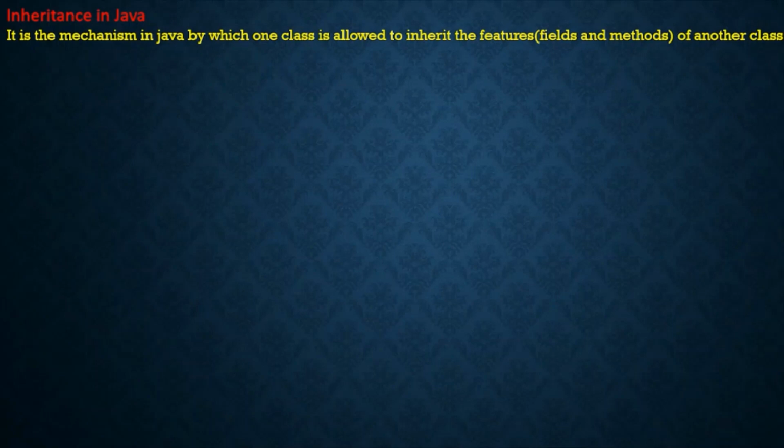So this inheritance we can achieve by using the keyword extends or implements, right? In case of classes, how can we do it? We can extend one class from another by using the extends keyword.